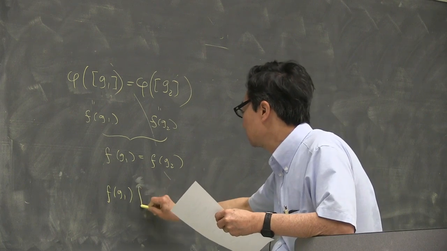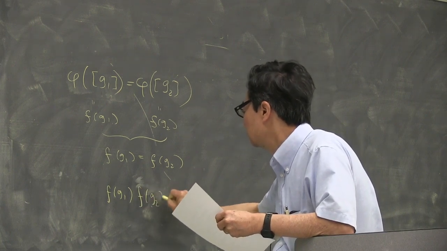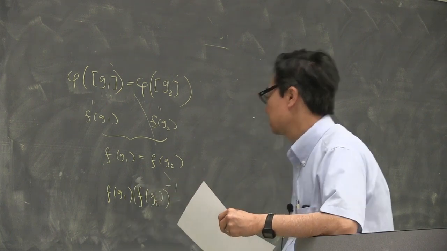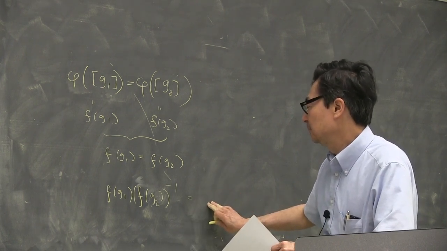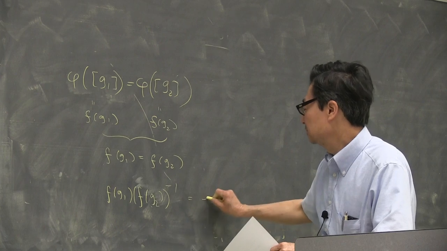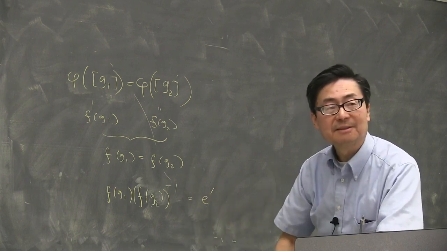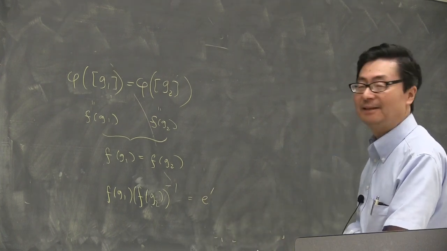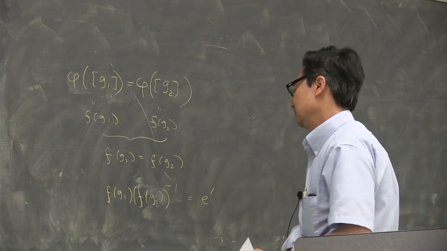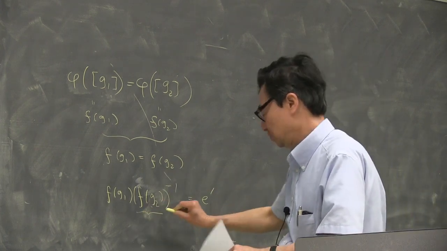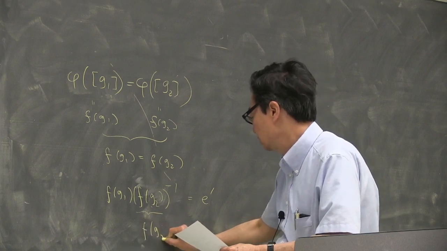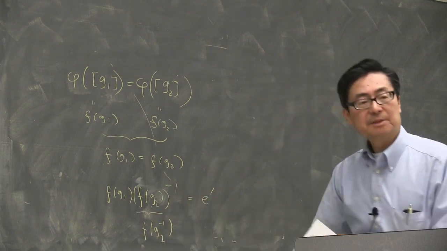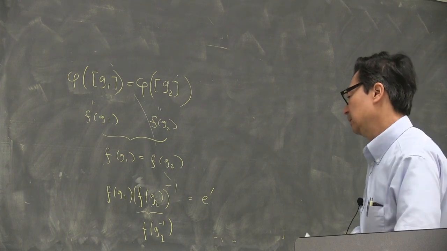And so f of G1 times f of G2 inverse must be equal to what? E, right? Must be E prime. If you multiply by f of G2 inverse. But this is equal to f of G2 inverse, because this is a group homomorphism, okay?